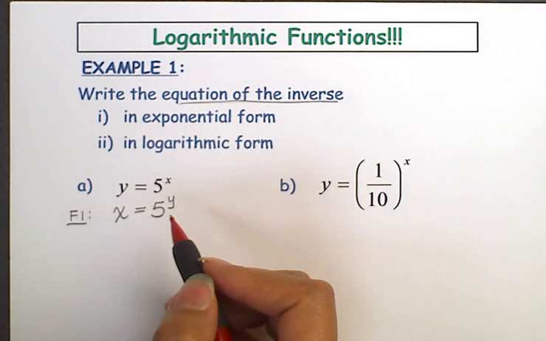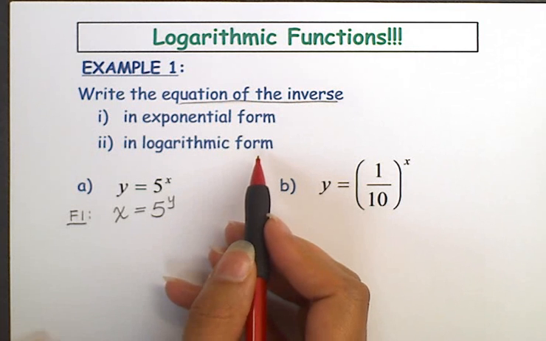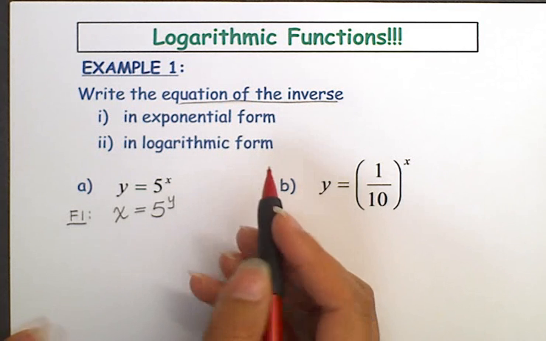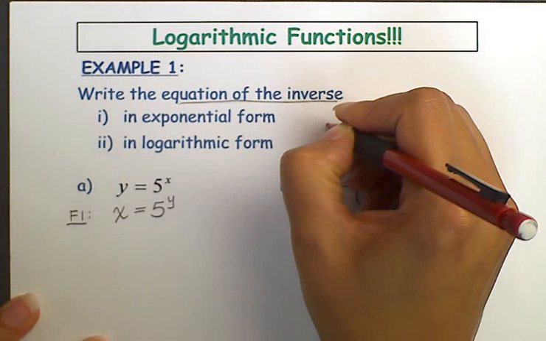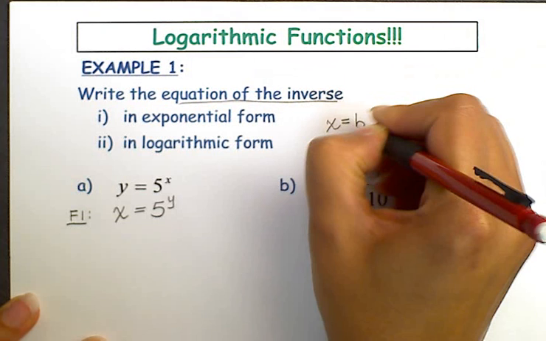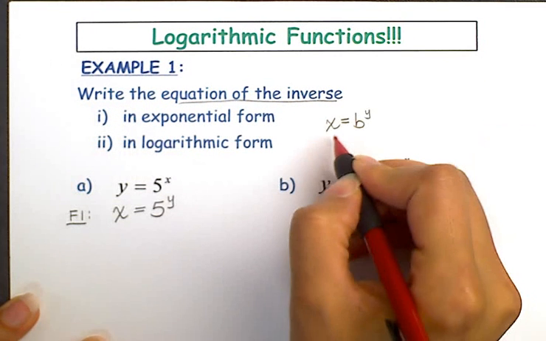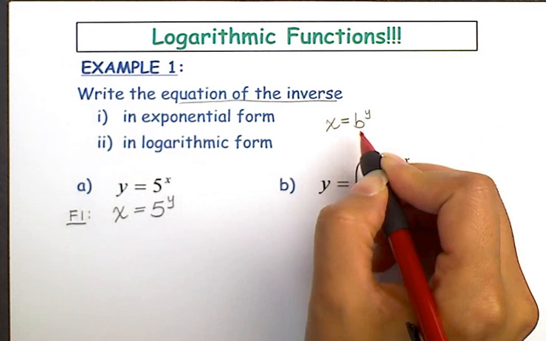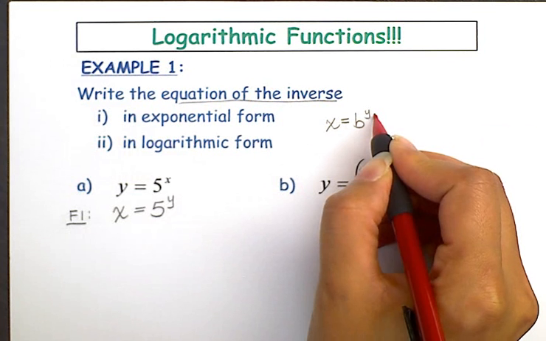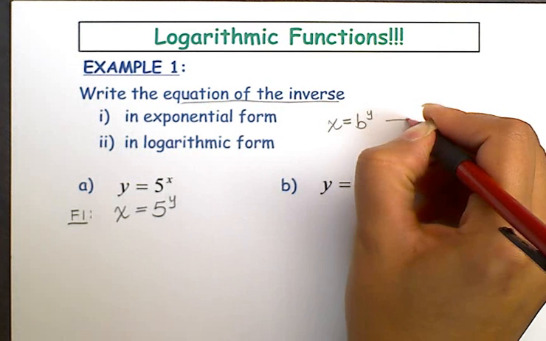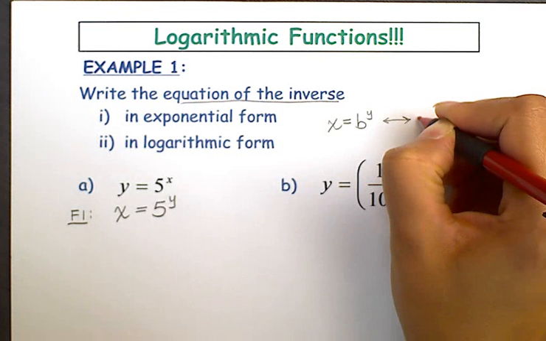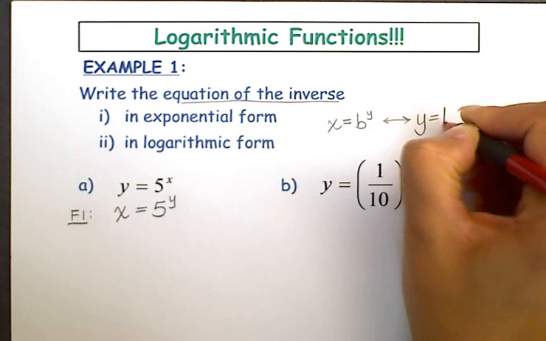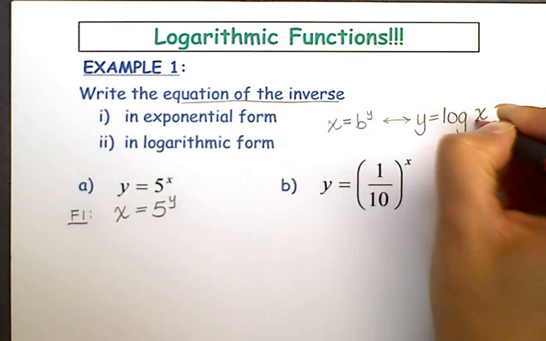And now because it's asking me to write it in logarithmic form as well, remember what we looked at in the video earlier. If you have x equals b to the exponent y, the x represents the answer when b is raised to a particular exponent. So in logarithmic form, remember a logarithm represents an exponent. In logarithmic form, this would be y equals log of x to a base of b.